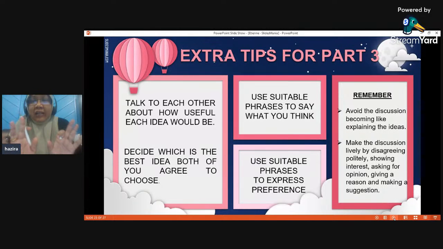And remember, avoid the discussion becoming like explaining the ideas. Here you have to be careful, because I can still find most of my students do not have a lot of phrases in between, because it looks like they are explaining the ideas.